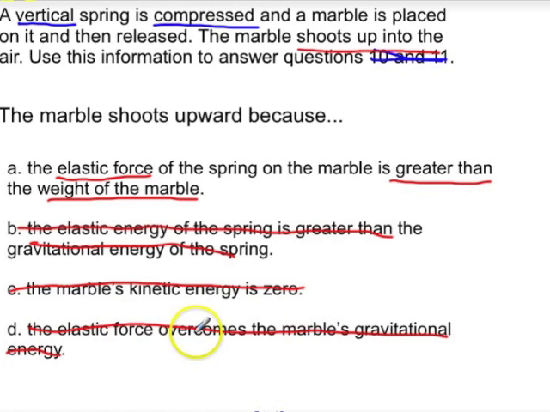The elastic force is great enough to send a marble up into the air, but it's not giving me all the details that I want. It's not necessarily that it overcame it. It's just that it was greater. So I really like this answer right here, and I'm going to go with this answer, A.